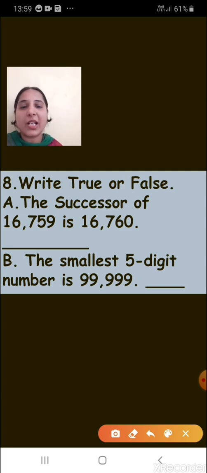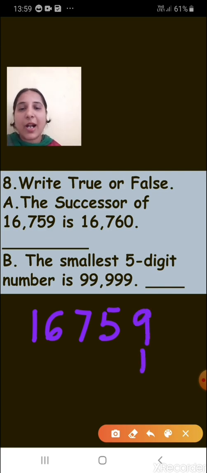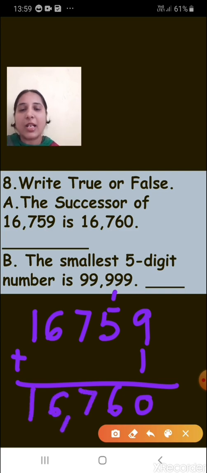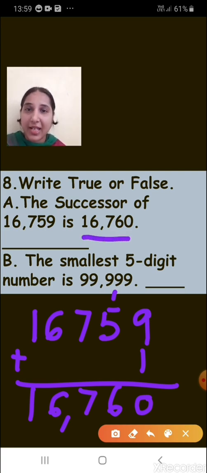So we can add 1 to it. If we add 1 to it, we'll get its successor, isn't it? So when we add 1 to it, what will we get? 9 plus 1, 10. This will be 16,760. Is it the same which has been given here? Yes. It means it is true.